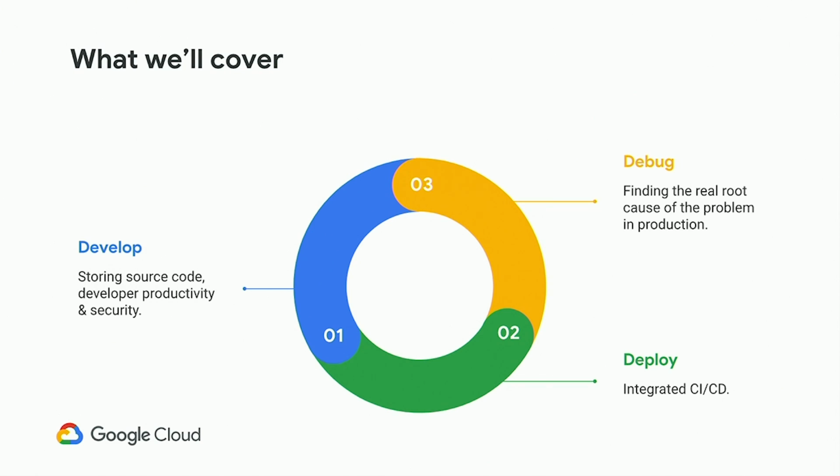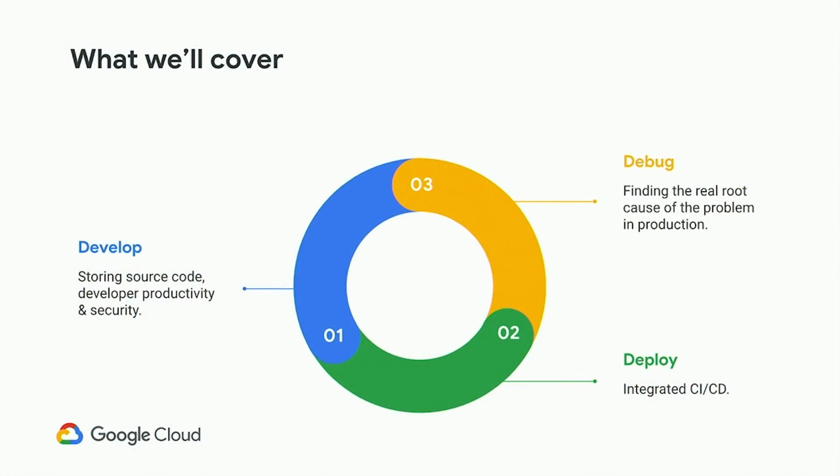In the first part, when we talk about developing an application, we wanted to deep dive into how you can store your source code on Google Cloud Platform, the different integrations which are available to make developers productive as a part of storing that source code, and finally, the different features which are available to build security in.